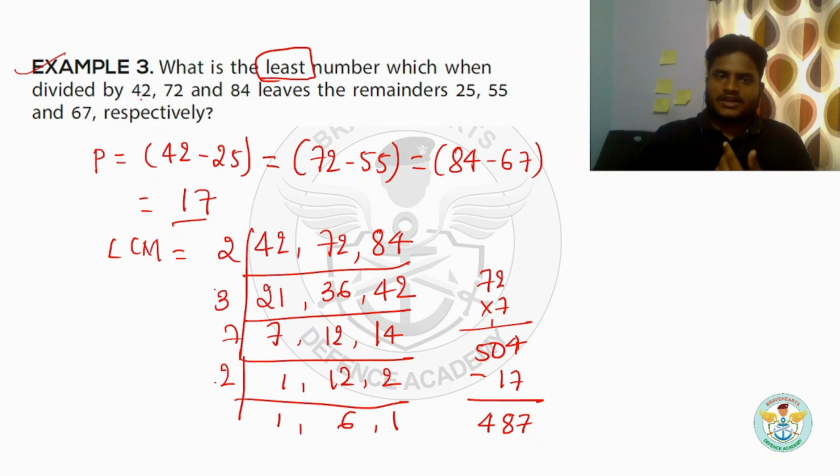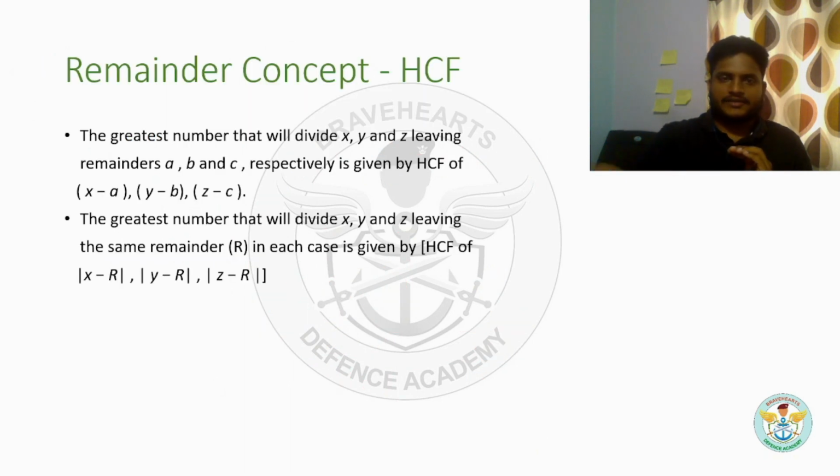We first subtracted the remainders from our given numbers, and we got the constant as 17. Then we found out the LCM of the numbers. Then we subtracted that constant from the LCM. So we got our answer as 487. Very easy concept. Just read whatever formula is given, then apply it. You get straightforward questions. Don't need to panic here.